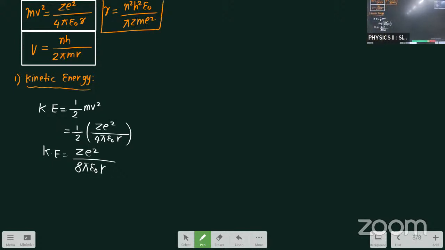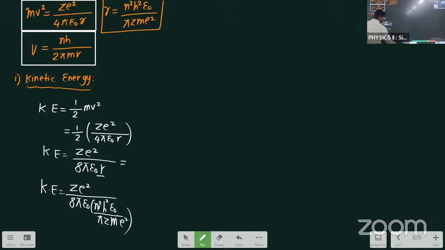If I substitute that value, see here, kinetic energy is equal to Ze square divided by 8 pi epsilon naught. Now let us substitute the value of r here: n square h square epsilon naught divided by pi z m e square.